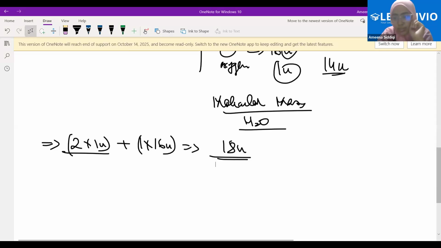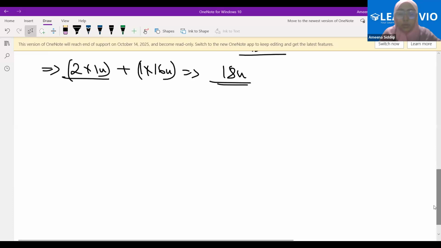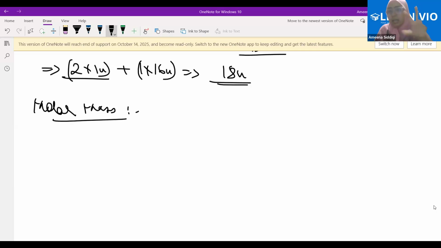Now come to the molar mass, because that's the key concept here. Clearly by the name, the mass of 1 mole of any substance is called the molar mass.